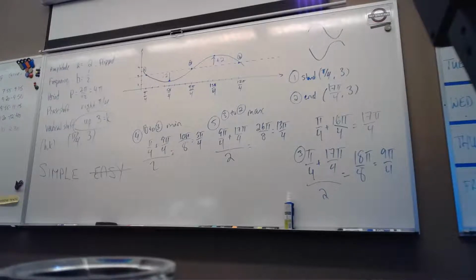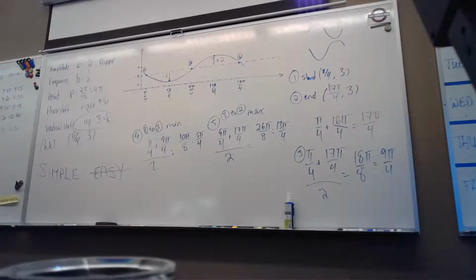And since they're both over 4, could we just go 9 plus 17 over 2, which is 13, and then say, oh, but it was over 4? Yeah, absolutely. No reason you can't do that.